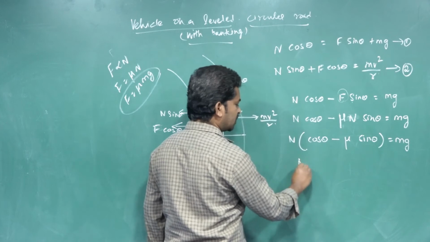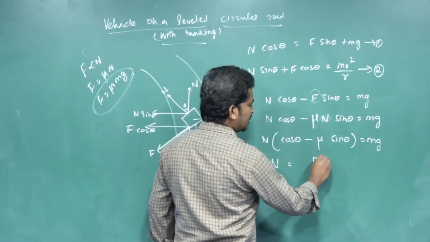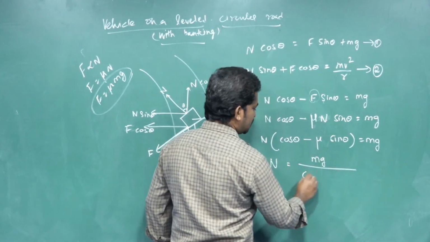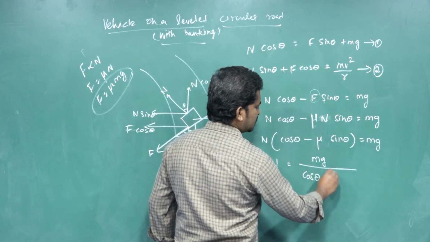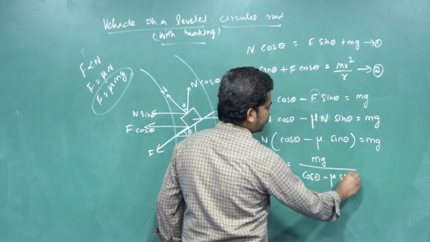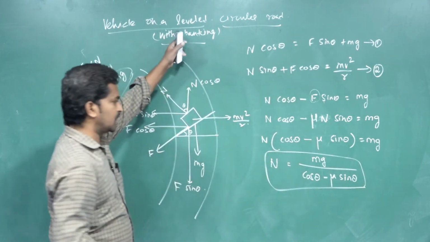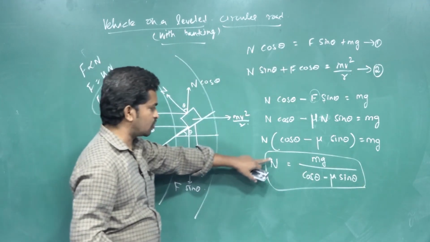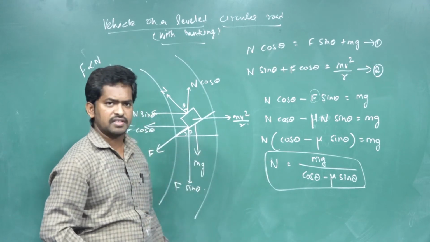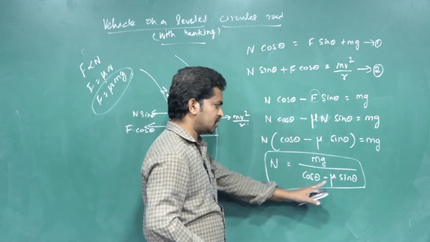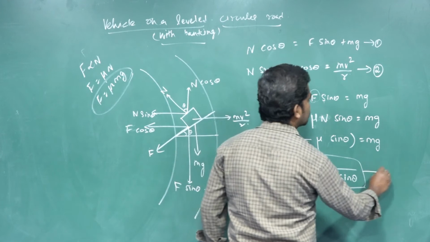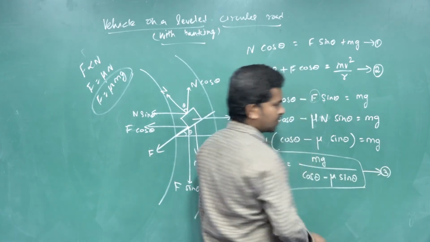So what is the n value? N is equal to mg divided by cos theta minus mu sin theta. This is the normal force provided on a circular road with banking. This is equation number 3.